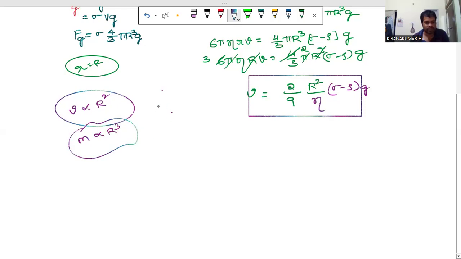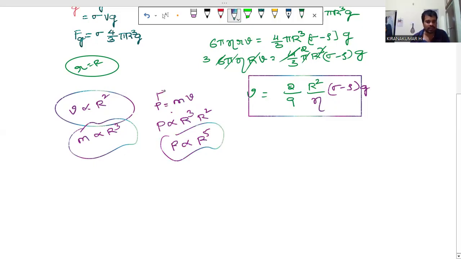Now, with these two cases, let us take linear momentum p equals mass times velocity. So p is proportional to mass, which is r cube, times velocity, which is r square. So p is proportional to r to the power of 5.